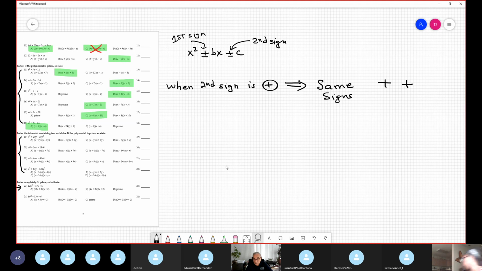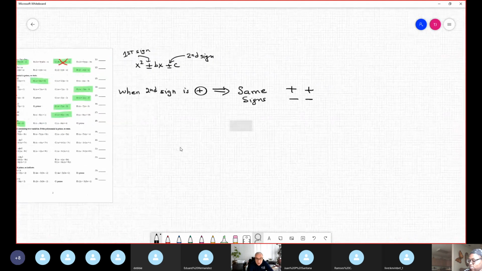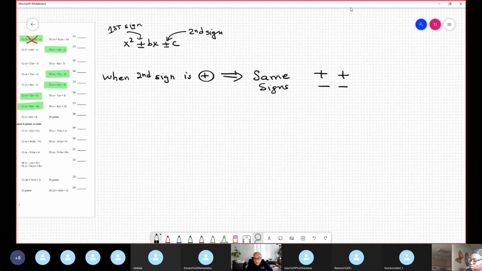Plus plus or minus minus. How do you select if it is plus or minus? Depending on the sign of the first. Okay, when the first sign is positive, both positive. When the first sign is negative, both negative. So the option, if it is positive or negative, because it's the same, is determined by the first sign. According to the first sign.